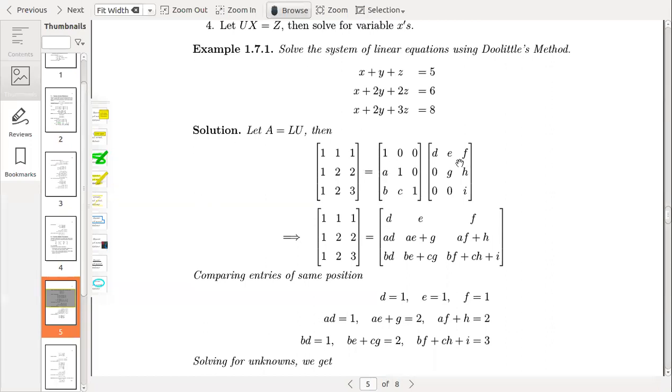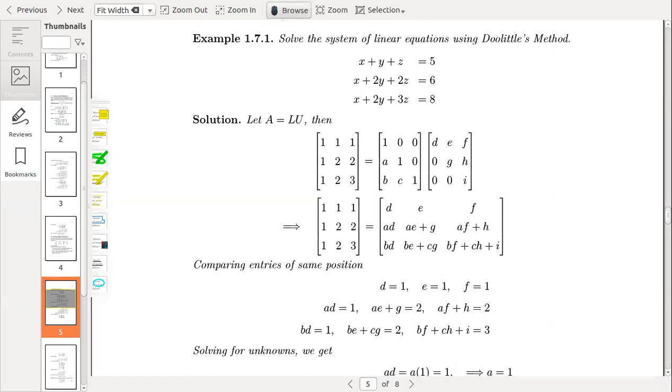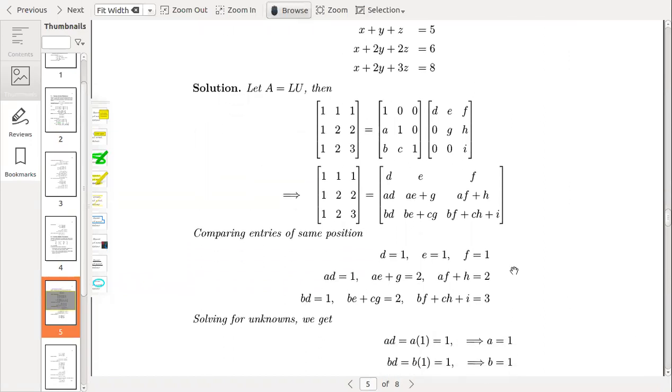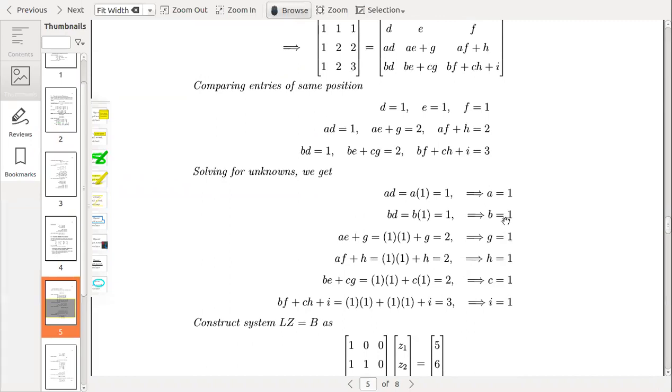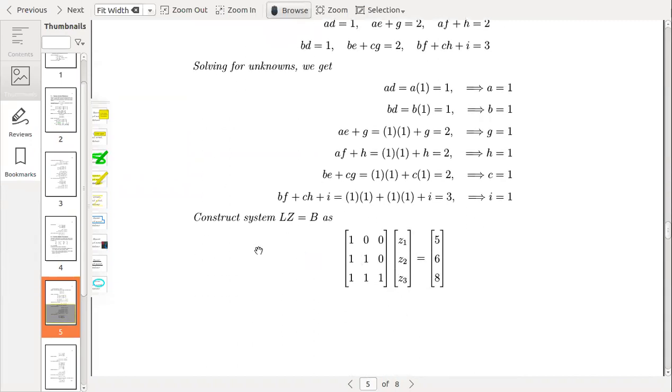Similarly U11, U12, U13, U22, U23, and U33; you can also write these as D, E, F, G, H, I. Then just multiply these two matrices and you will get these entries. In a similar way, you will get these equations, and when you solve them, ultimately you get this lower triangular matrix L.